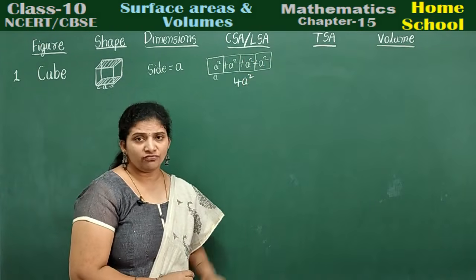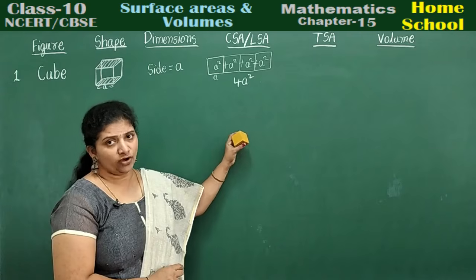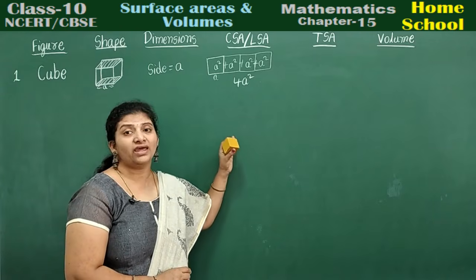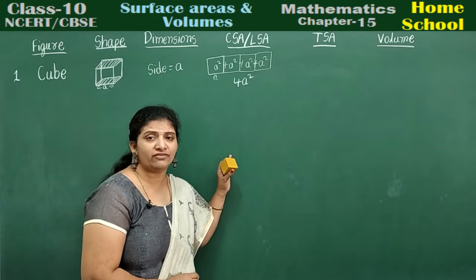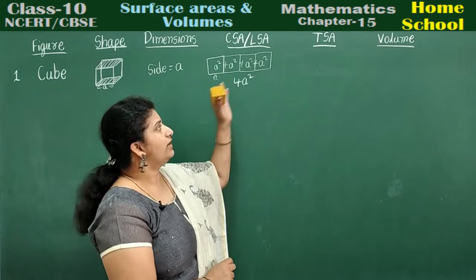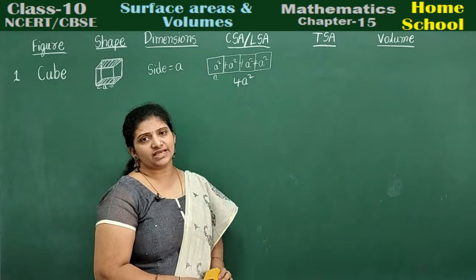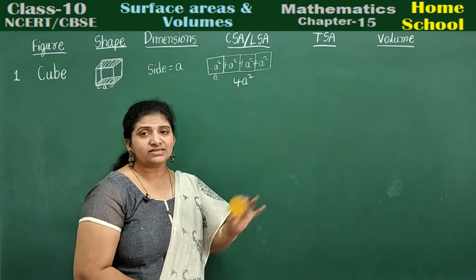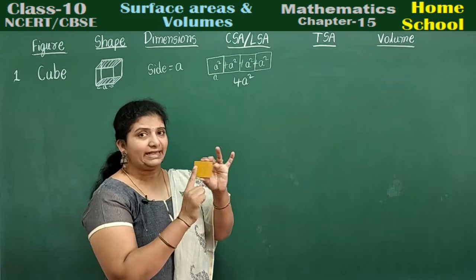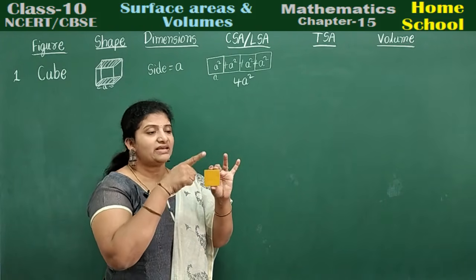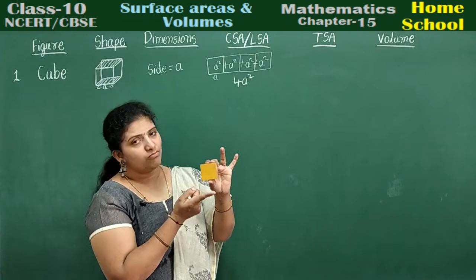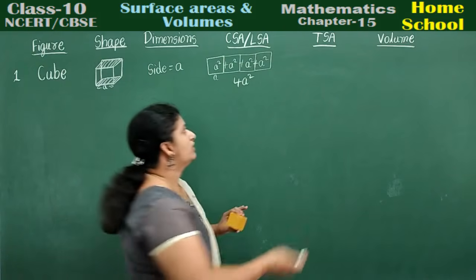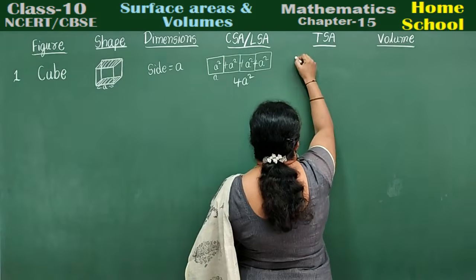Lateral surface area of a cube is 4a square square units. Always area we write with square units. Next, total surface area. How to consider total surface area? Lateral surface area plus top plus bottom areas. How can we split this cube?